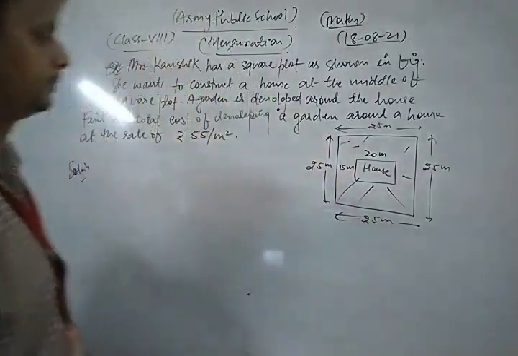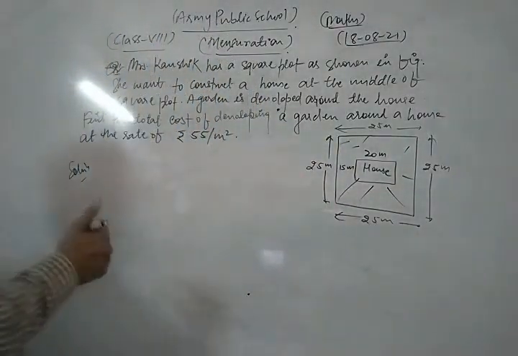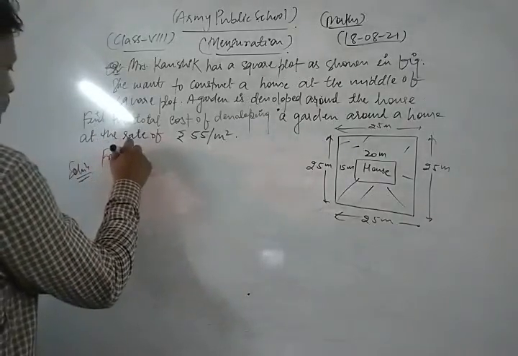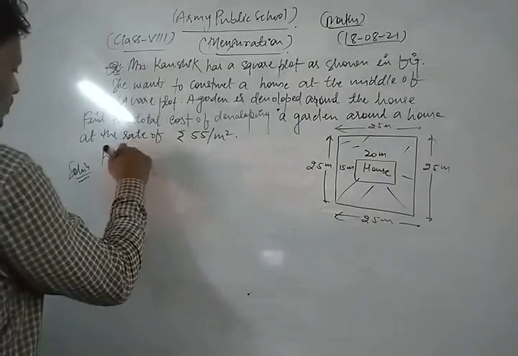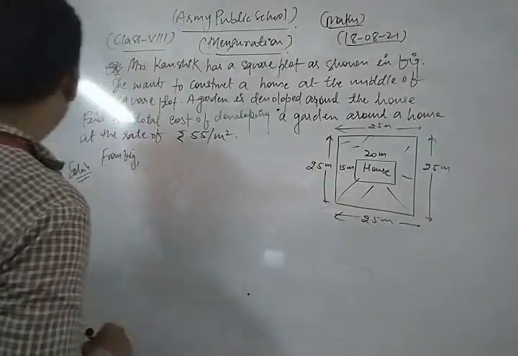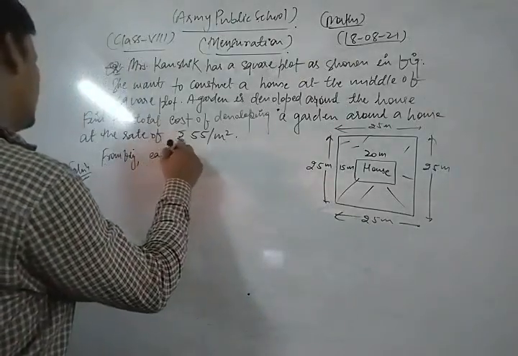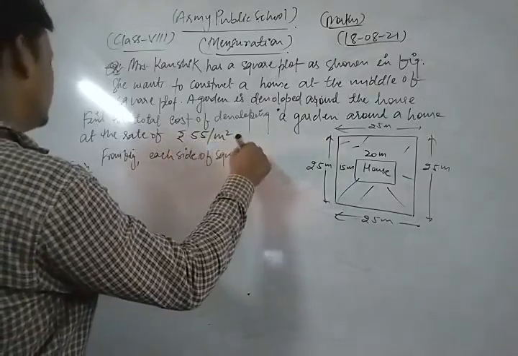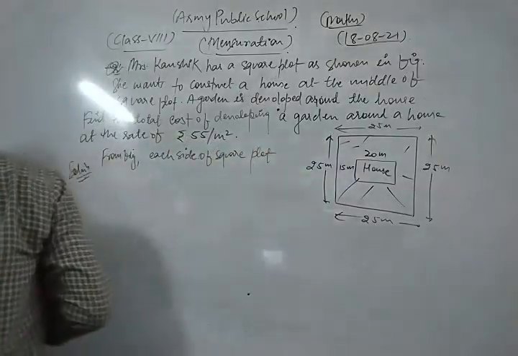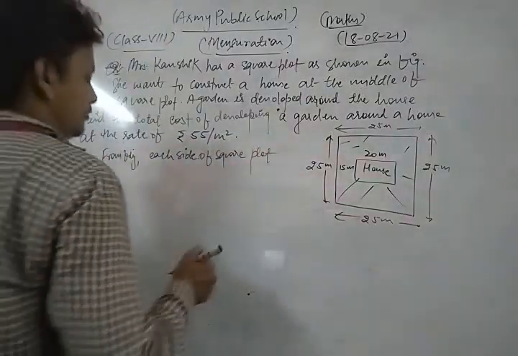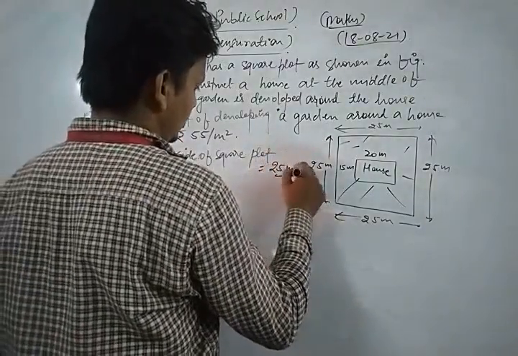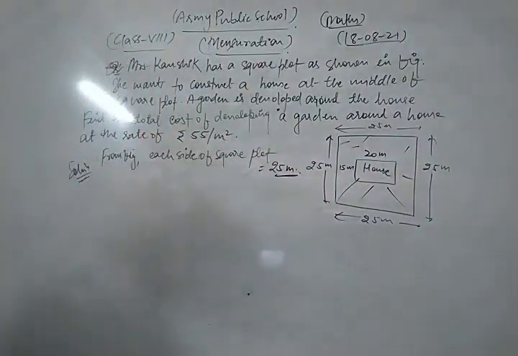So, from the figure, each side of the square plot is 25 meters.